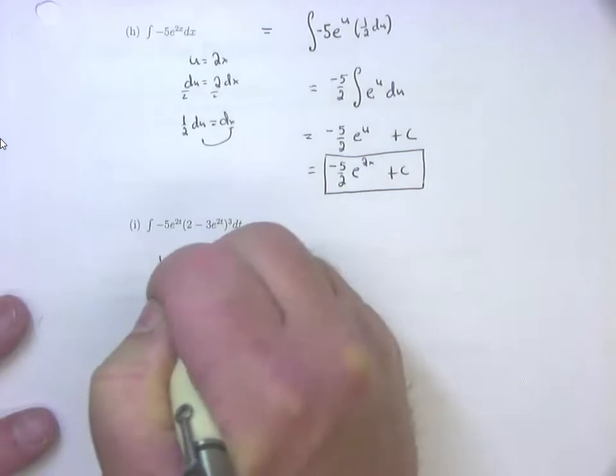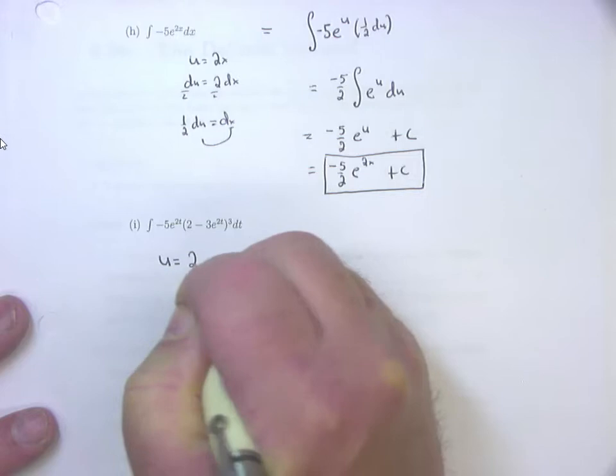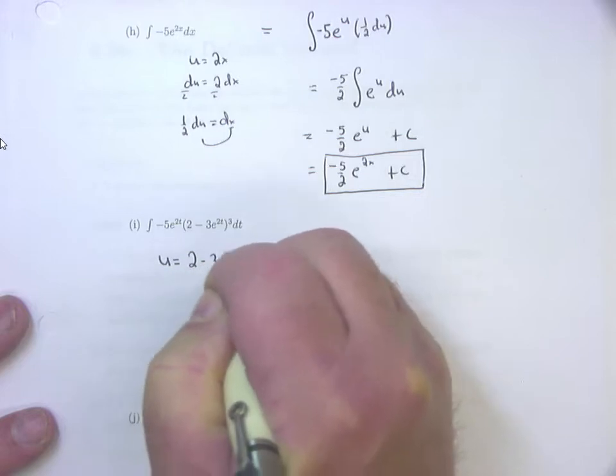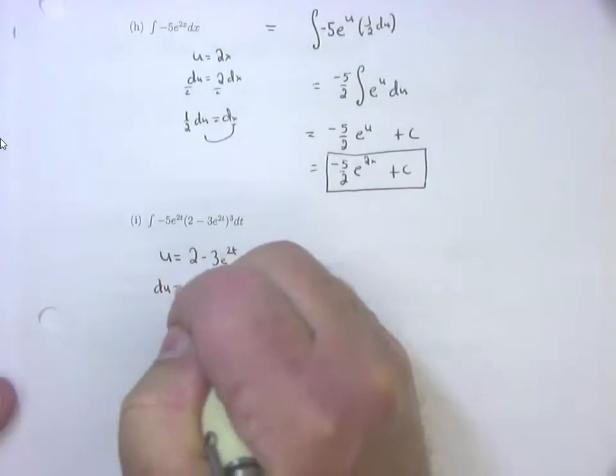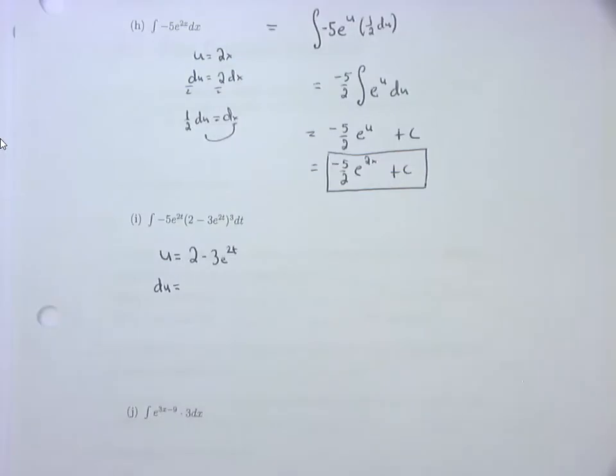So here, I'm going to let u equal to 2 minus 3e to the 2x. Does that make sense? Inside the parentheses. Step 1, find u. Step 2, find du. And remember, whatever the derivative is, up to a constant that we can manipulate, the derivative should be in this problem somewhere. Let's take a look.